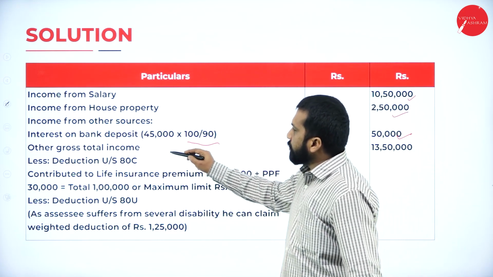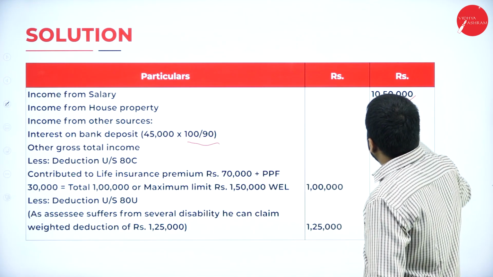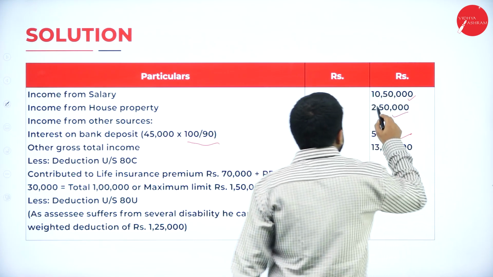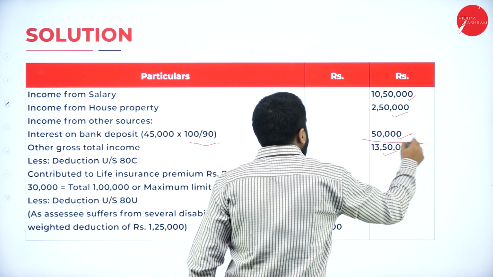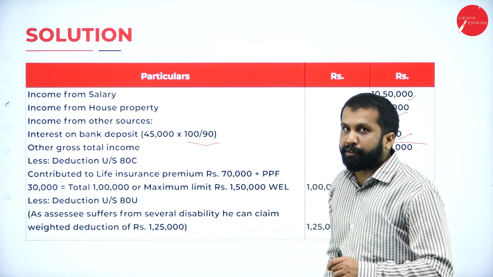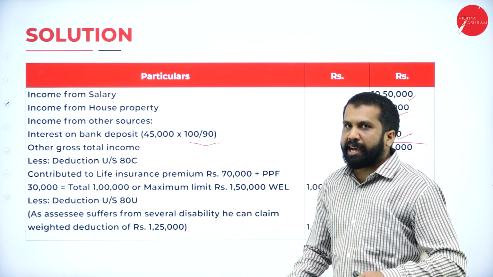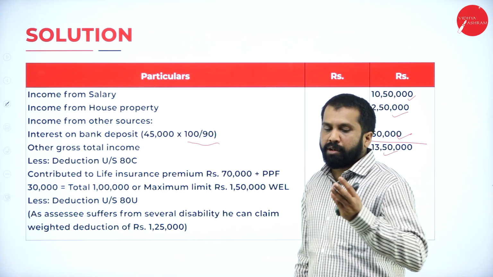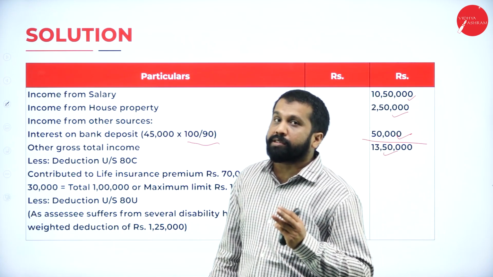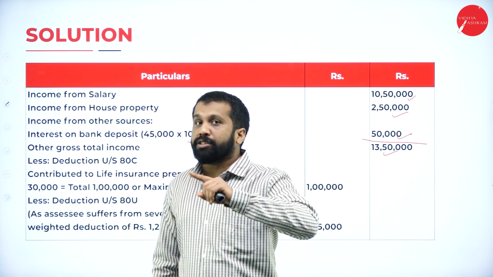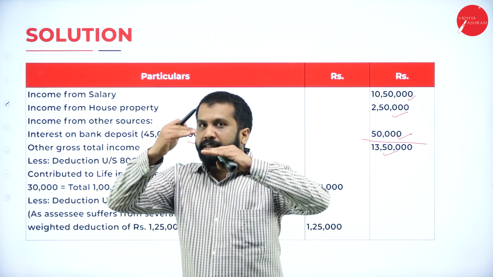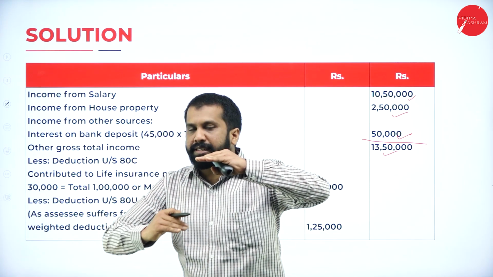Then gross total income, 13 lakh 50. Add 10 lakh 50 plus 2 lakh 50 plus 50, and you will get 13 lakh 50,000. There is no capital gain, nothing. As I told you, horse race and all, we are not supposed to add here. That has to come later after deducting all the 80C to 80U deductions.